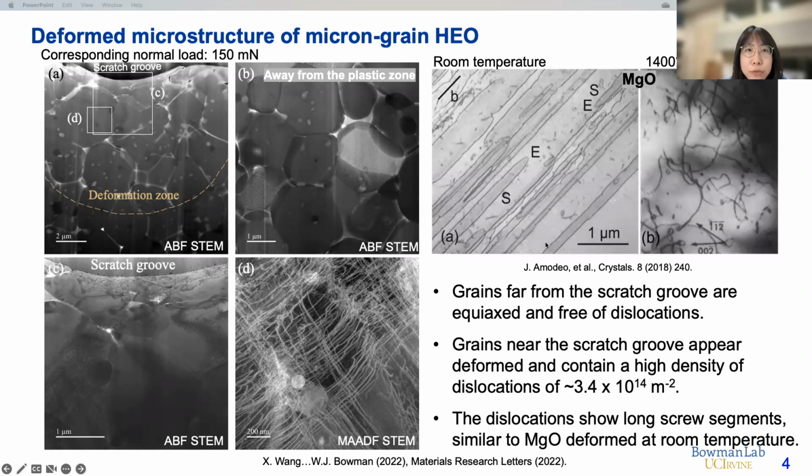If we take a look at the dislocation structures for HEO, we can notice that most of the dislocations look like straight lines.